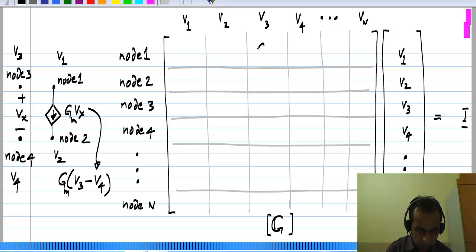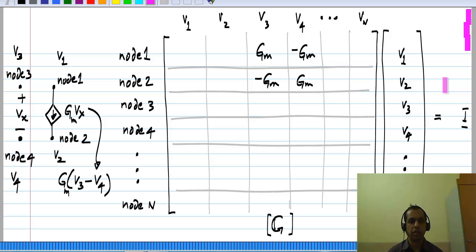So it will have Gm over here and minus Gm over there. Plus Gm multiplies V3 minus Gm multiplies V4. The current flowing away from node 2 is the negative of this. So we will have Gm times V4 minus Gm times V3.